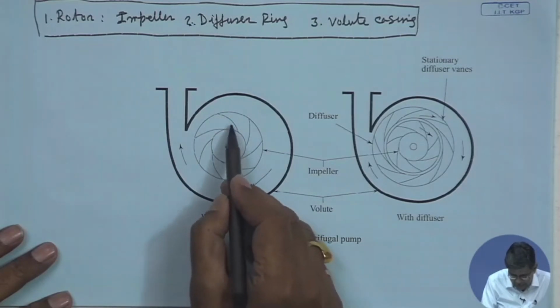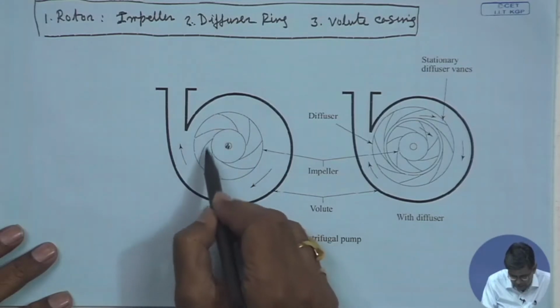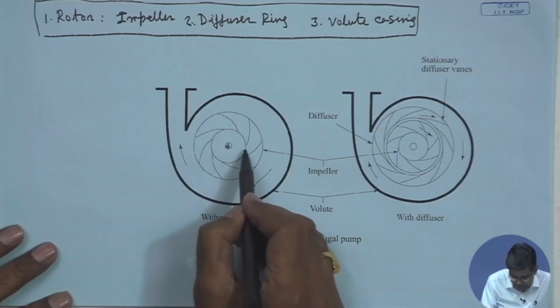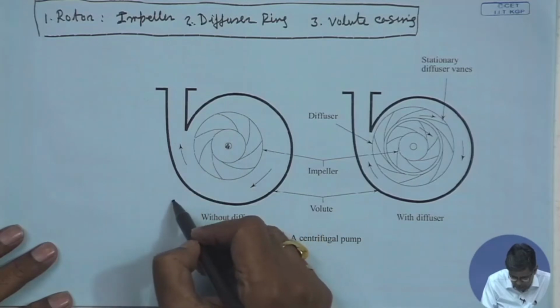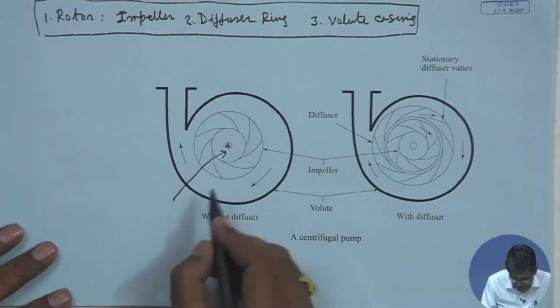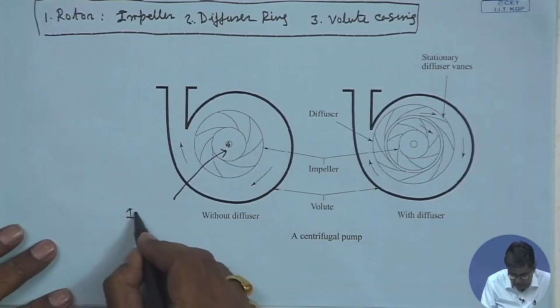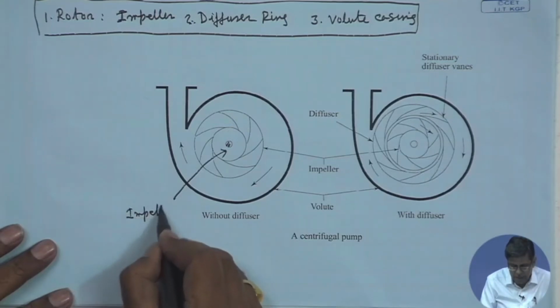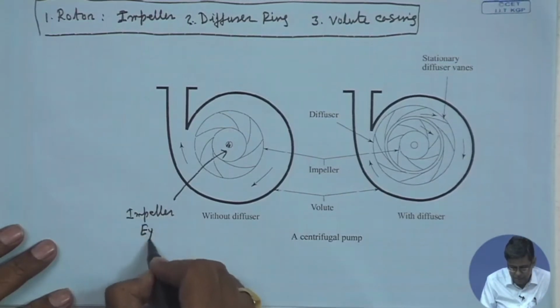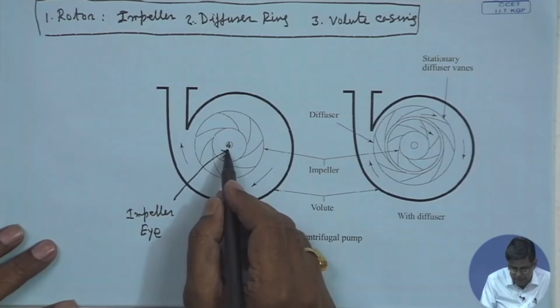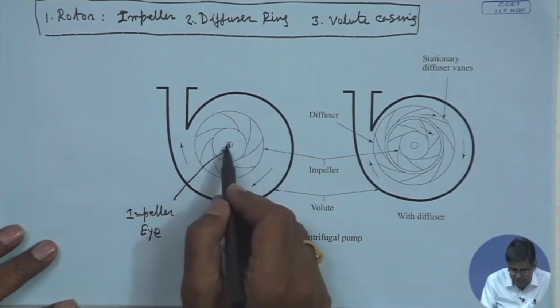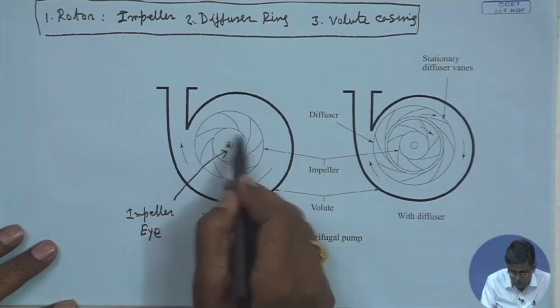These curved blades stand upright on this mounted disc, and this part of the rotor, or impeller, is known as the impeller eye. That means the liquid, the water, is sucked here and then it flows through this.